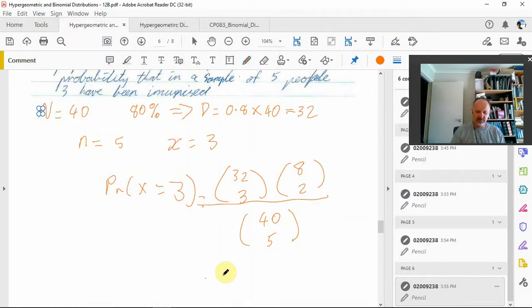So that equals 0.211. So the probability that if you pick out a group of 5 out of that 40, the probability that 3 of those 5 are immunised is 0.211, not percentage, so the percentage should be about 21%.